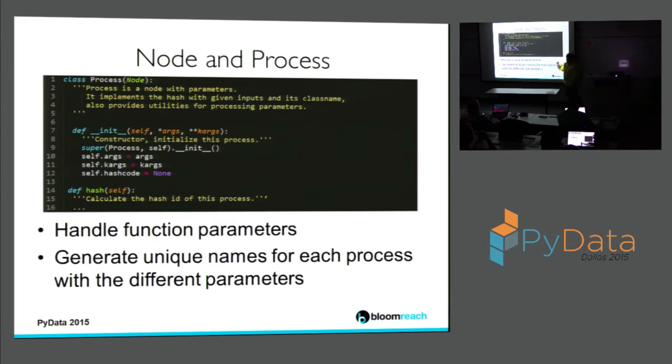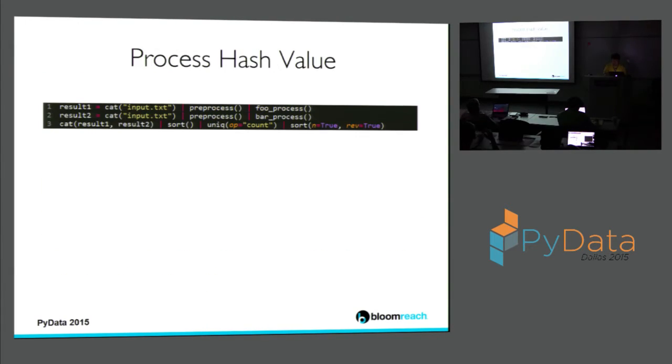This is also important because there are a lot of duplications in the pipeline. For example, here we have the same input going to the same preprocess, and result one goes to the foo process and the bar process. So you can see the input going to preprocess is actually the same, right?